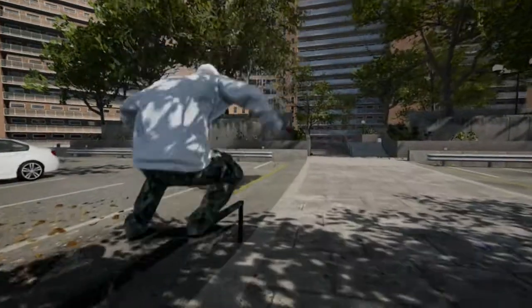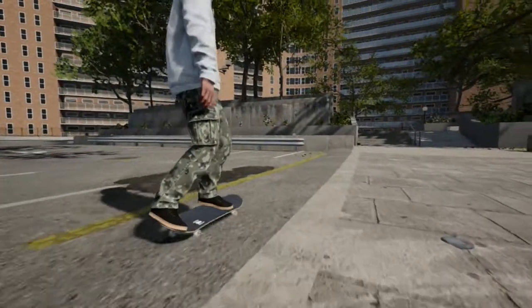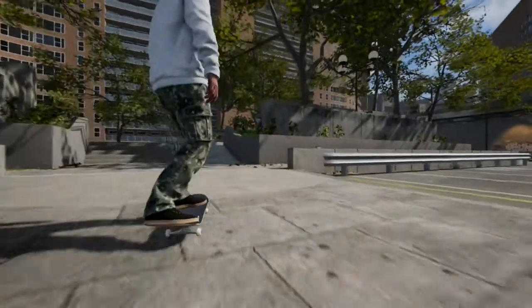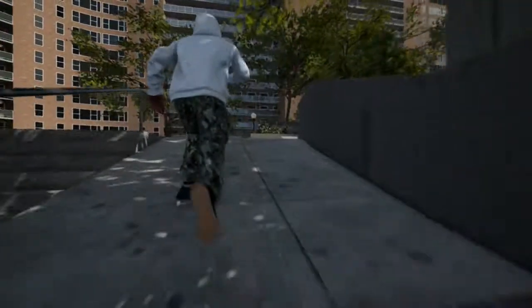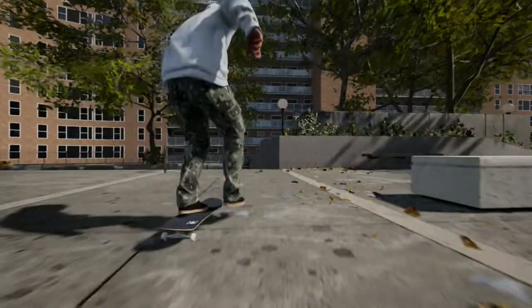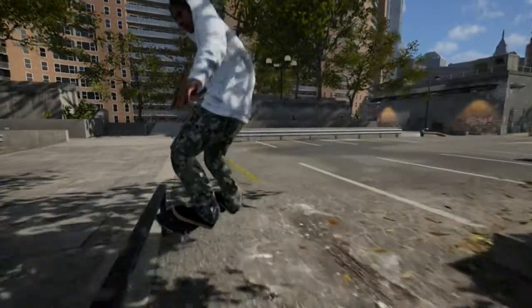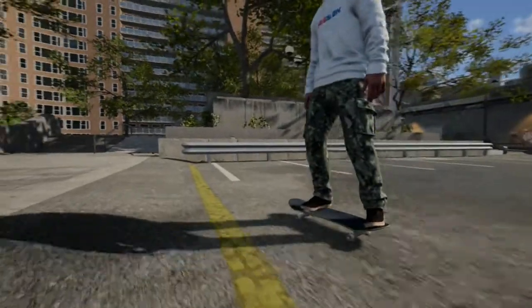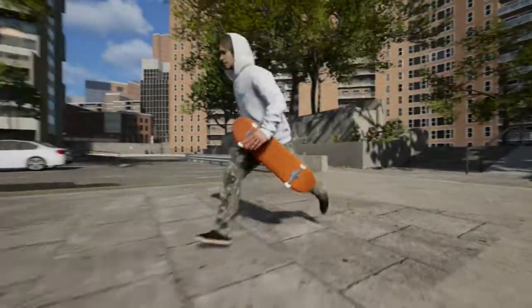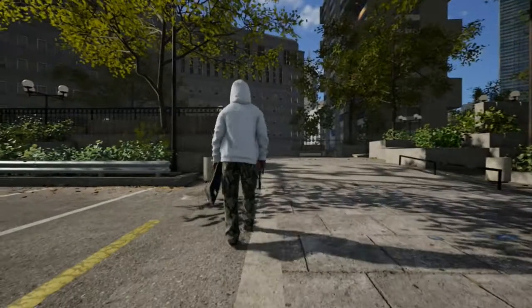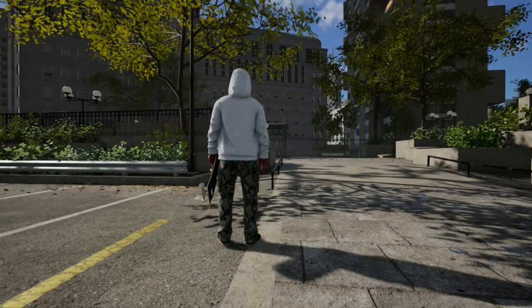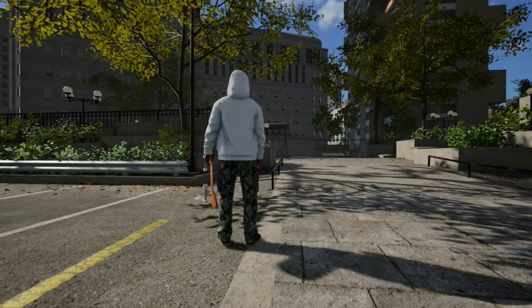Yeah, when you get it where it wants it to be for the grind, it works good, but it's hard to determine what that is, like what area of the rail and the angle and everything like that. I'll take it.